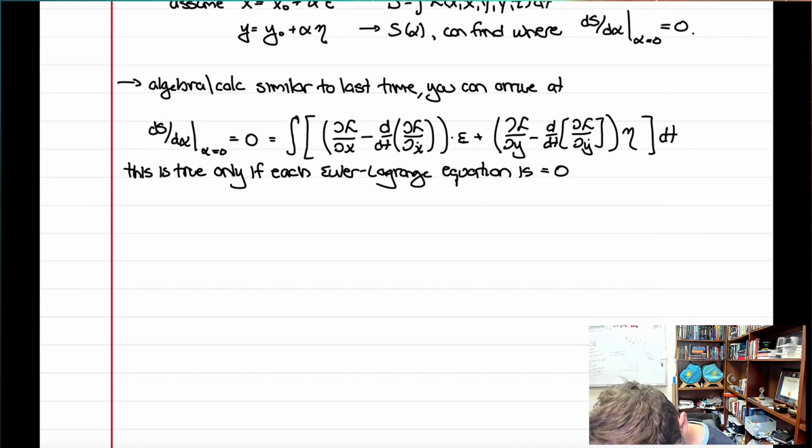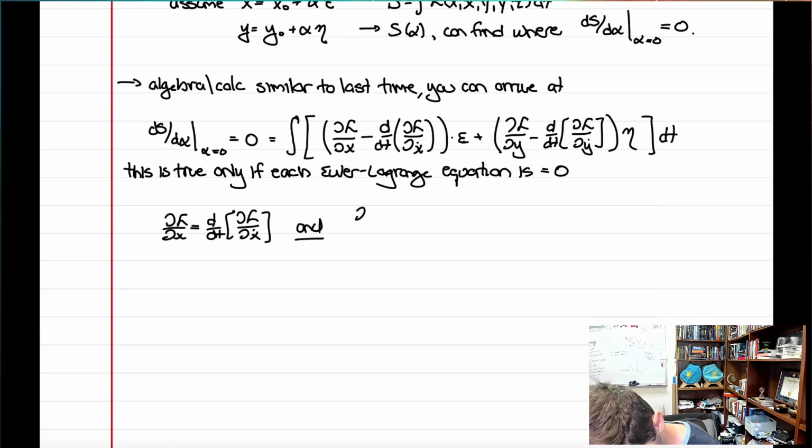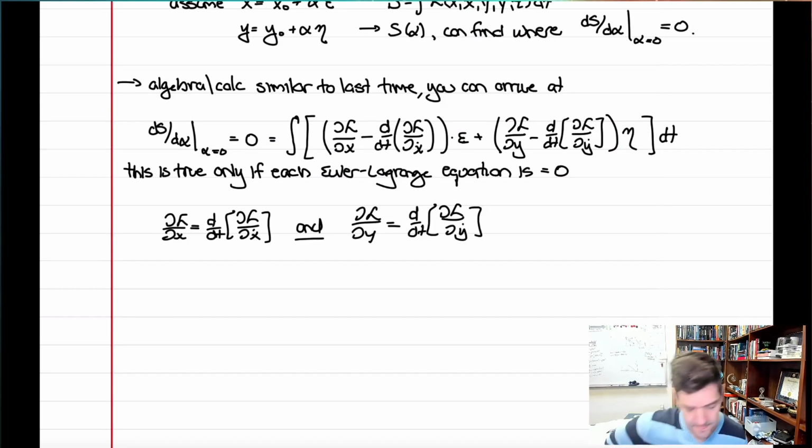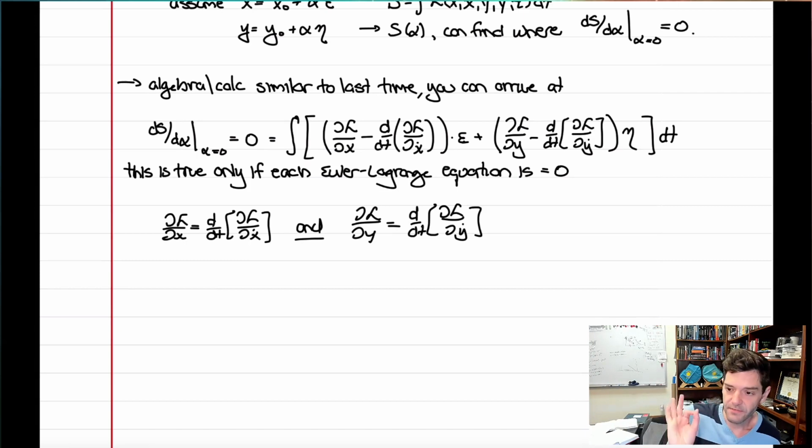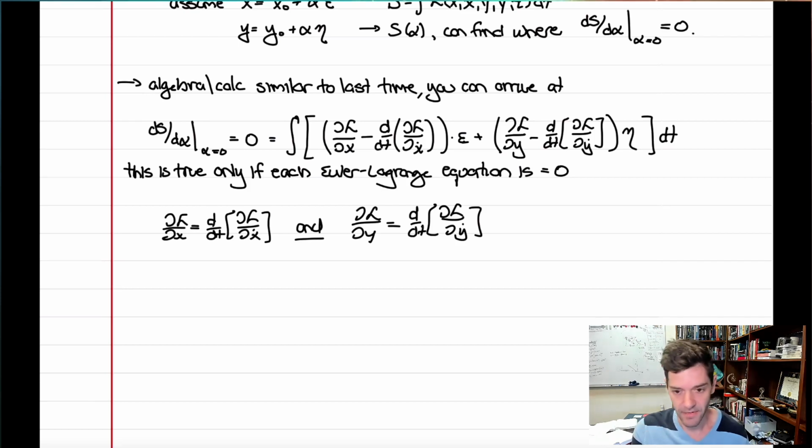So in this case, dL by dx must equal d by dt of dL by dx dot, and dL by dy must equal d by dt of dL by dy dot. Essentially, for every coordinate you have, there is an Euler-Lagrange equation that is satisfied for that coordinate.